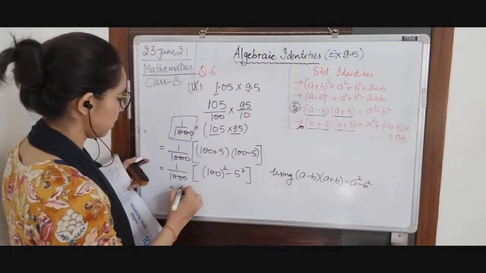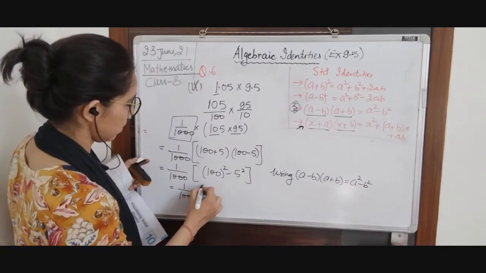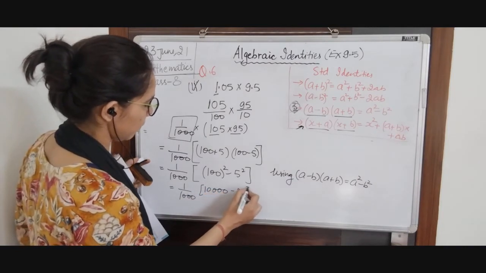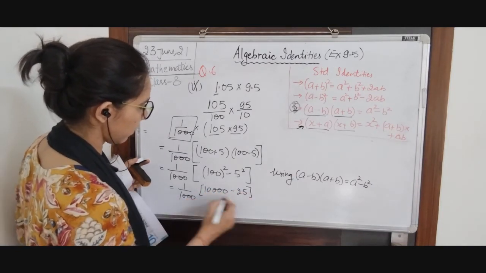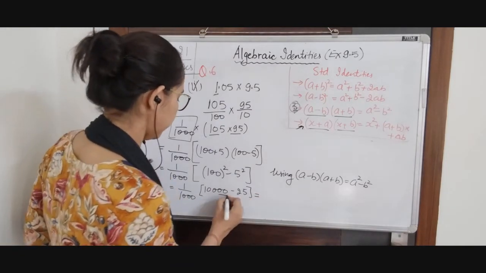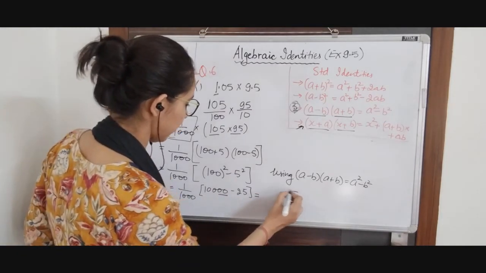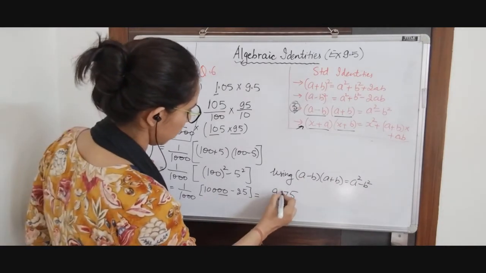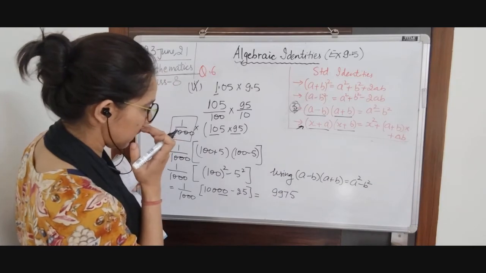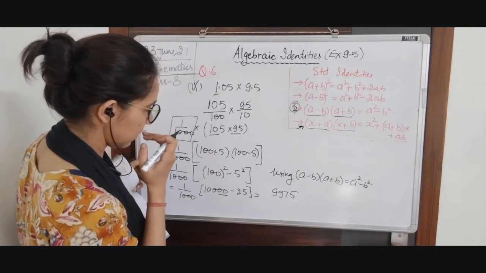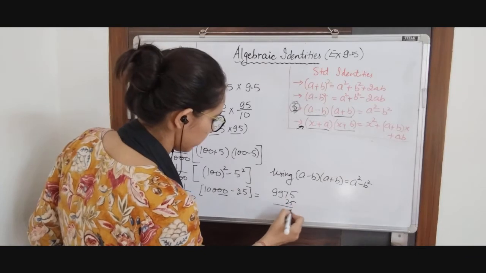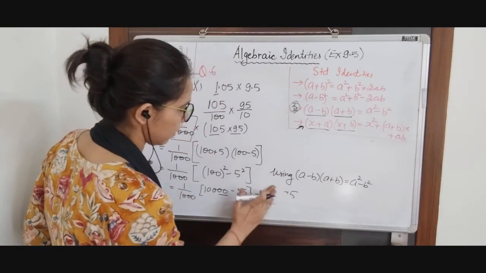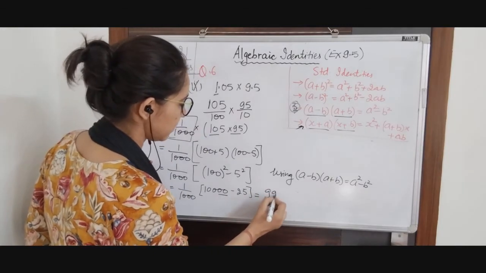Using this identity, 1 by 1000, 10,000 minus 25, which is 9975.